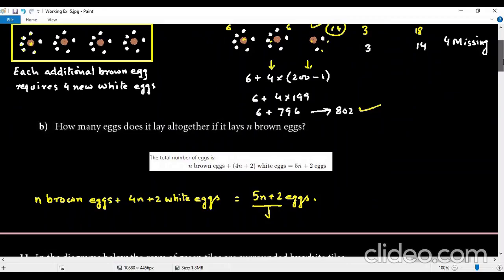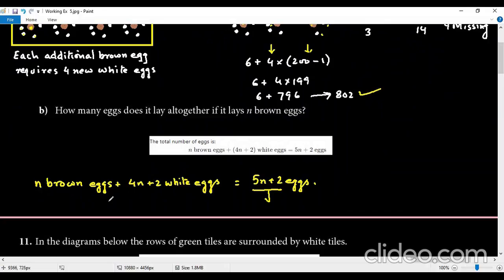So you know very well according to the given condition, n brown eggs plus 4n plus 2 white eggs. This is the condition for white eggs. Equals 5n plus 2 eggs. This is the number of eggs it's going to lay when n number of brown eggs are there.